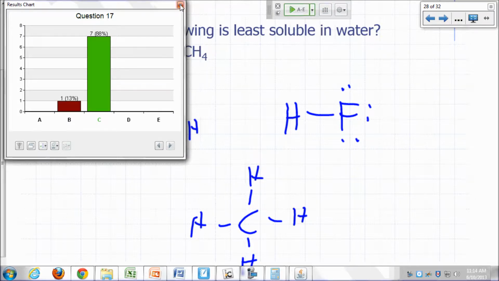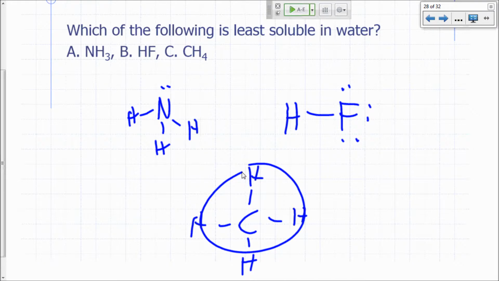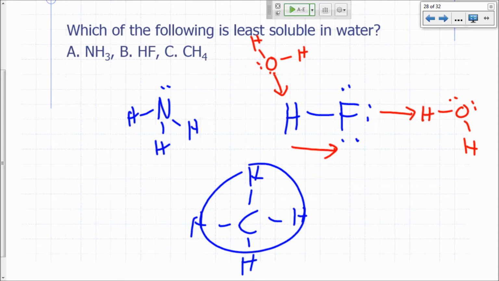Very good. Why? This is nonpolar, right? Not capable of hydrogen bonding interactions. Whereas this fluorine right here, that lone pair can be attracted to water molecules by hydrogen bonding, and that hydrogen can be attracted to a water molecule also by hydrogen bonding, right? Same thing with the NH3, and this is also polar. NH3 is also polar, and it's capable of hydrogen bonding interaction with a water molecule.